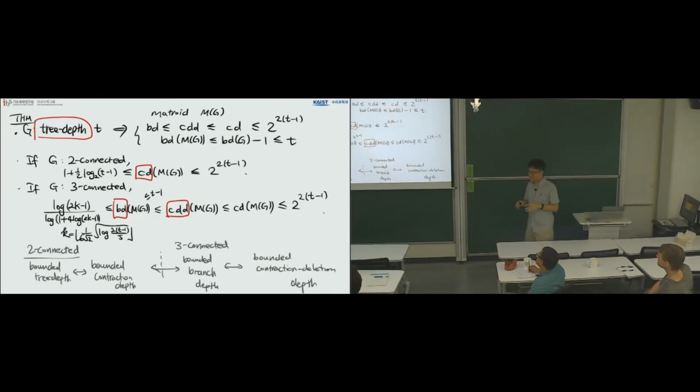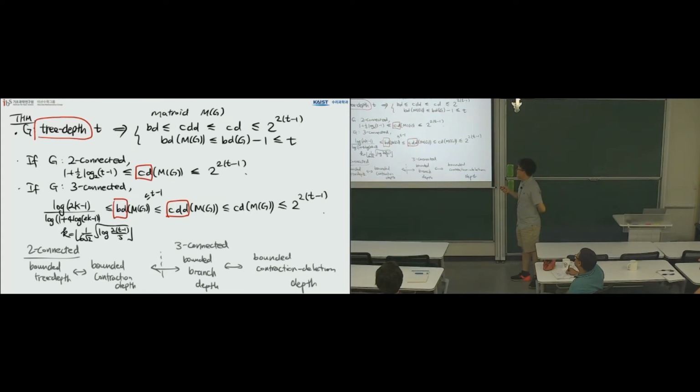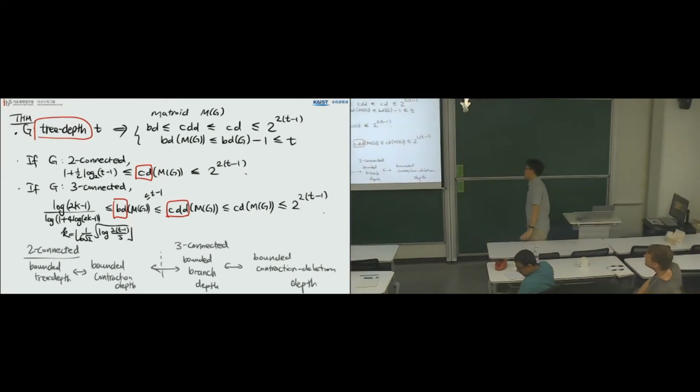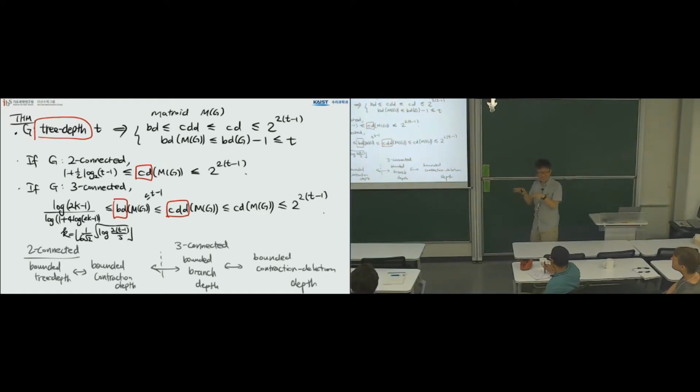And then we could do further. If the graph is 3-connected, then the tree depth, contraction-deletion depth and branch depth are all tied to each other. So if you raise the connectivity, then you can say a little bit more.